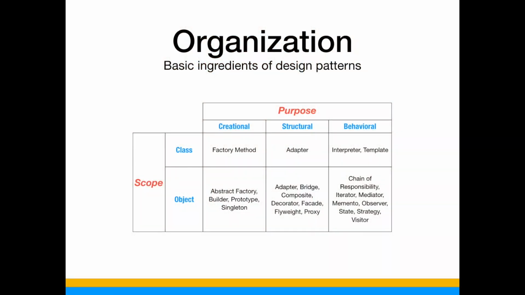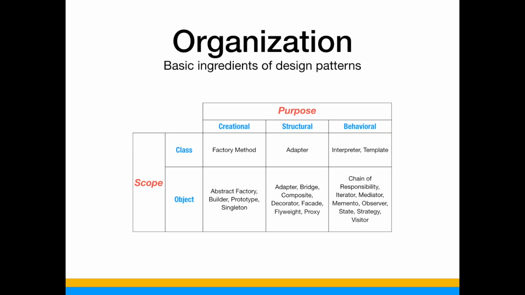Okay, so there's 2 ways of organizing design patterns. It's either by purpose or by scope. And by scope, meaning where do they live? You know, it's more like an instance member or a static member.